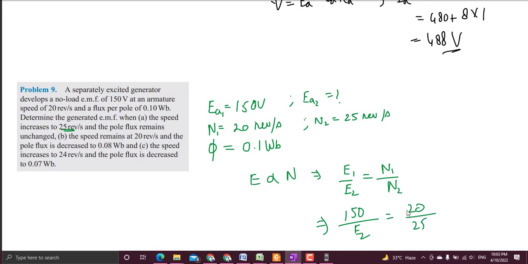So easy, 4 for the 20, 5 for the 25. So E2 can be written as E2 is equal to 150 into 5 divided by 4.